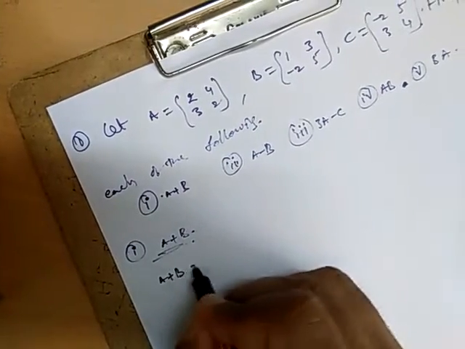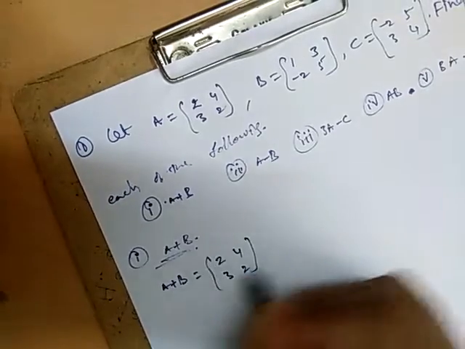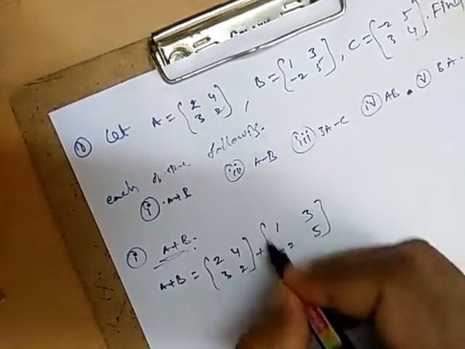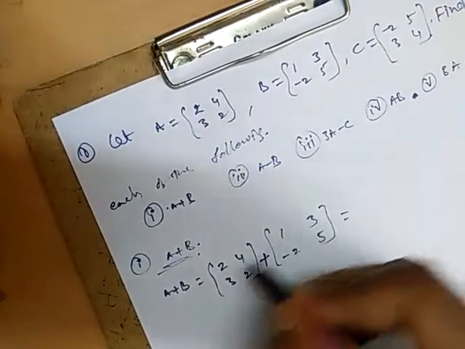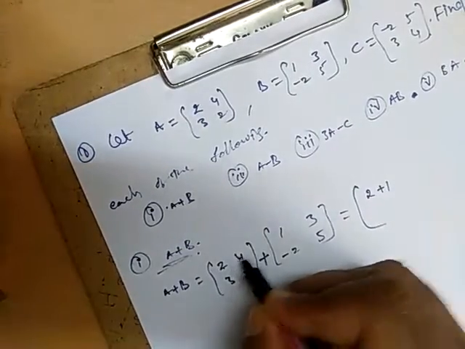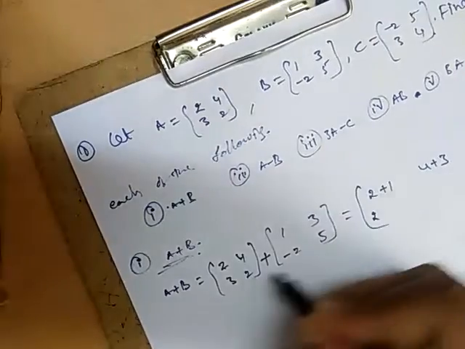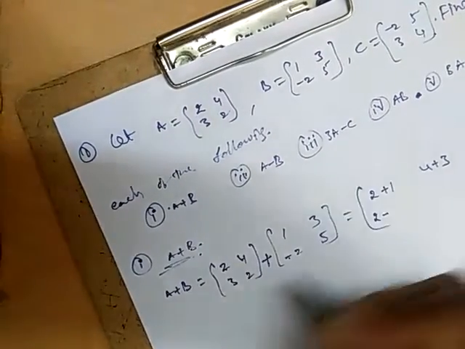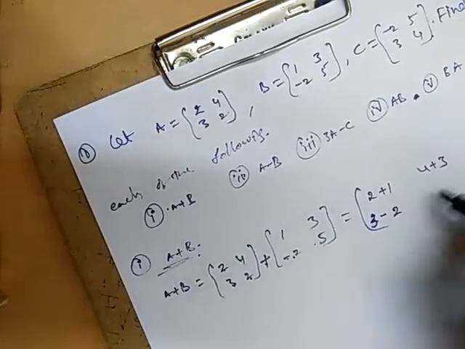A plus B equals A matrix 2 4 3 2, B matrix 1 3 minus 2 5. So you add corresponding elements only. 2 plus 1, 4 plus 3, 3 plus of minus 2, 2 plus 5.